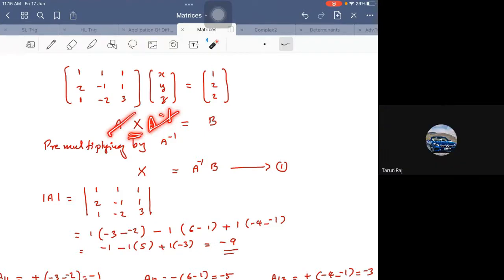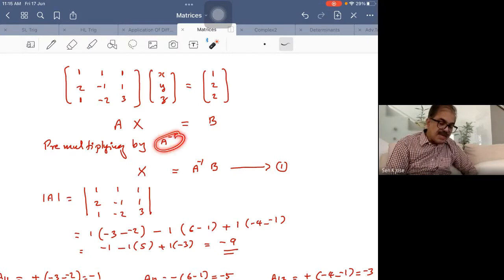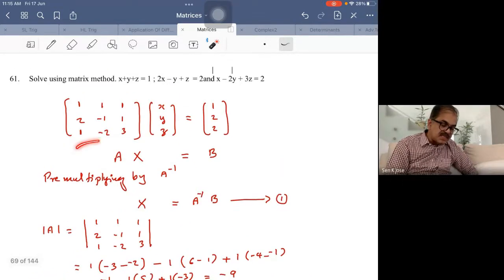No, sir, I didn't mean like that. Like just instead of pre-multiplying by A inverse, we can just do A times X is equal to B, then we get an equation, right? So we can substitute using that. I don't understand. You are saying without bringing in A inverse, you do it. Yeah. Okay, how do I do A into X? A into X is this, right?